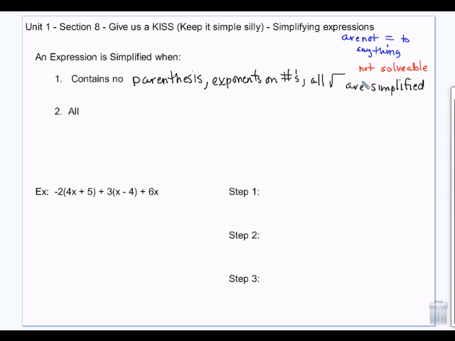Likewise, if I had square root of 25, you don't leave square root of 25, you make it a 5. So you can't have any parentheses, you can't have any exponents, and you don't have any square roots that are not simplified. And then all like terms are collected.